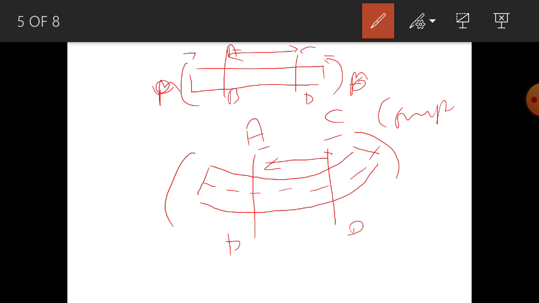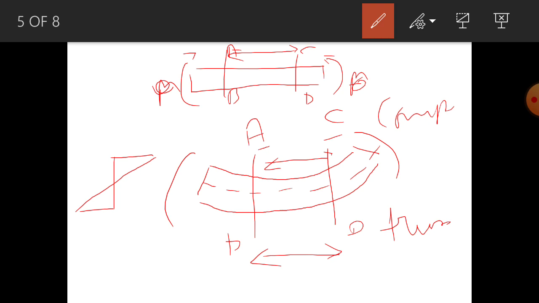Now along the section BD, at the extreme bottom fiber, the length has increased. That means tensile stresses are seen at the bottom of the beam. There is a compressive stress at the top and a tensile stress at the bottom.